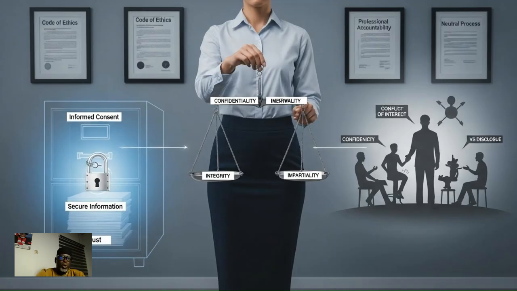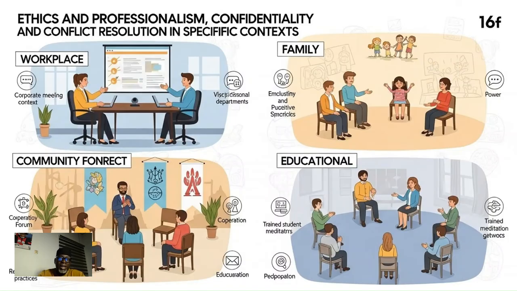So in conclusion, this module has provided an overview of various conflict resolution techniques, including negotiation strategies, mediation and facilitation skills, arbitration and adjudication processes, and effective dialogue and communication techniques. Each method has its unique advantages and is suitable for different types of conflict and context.